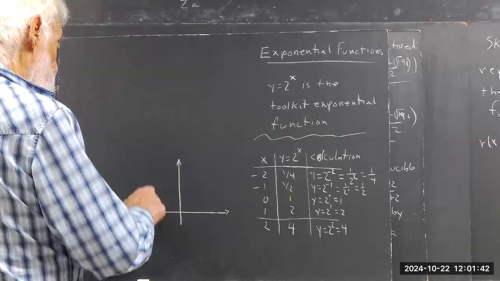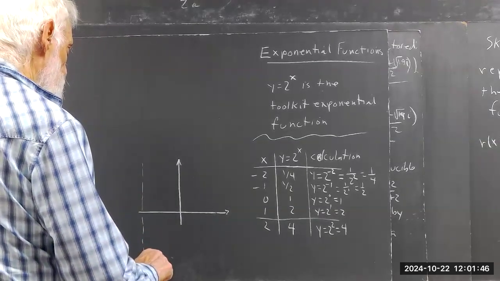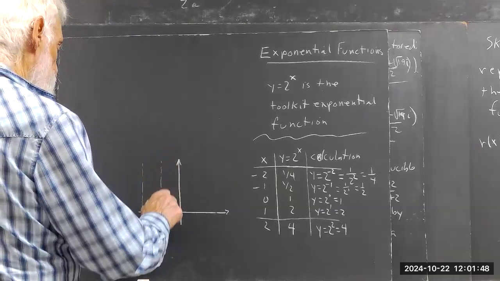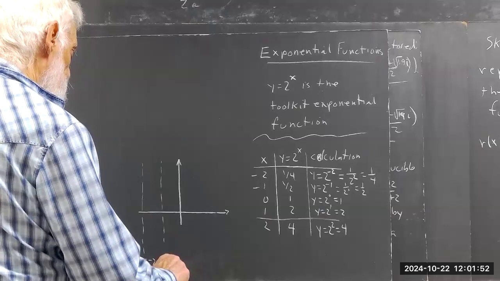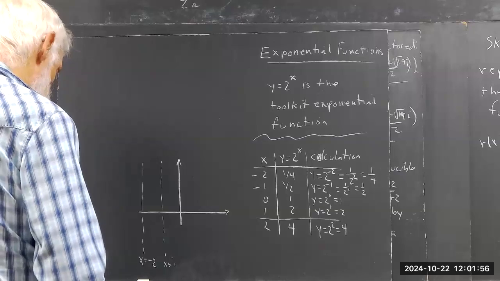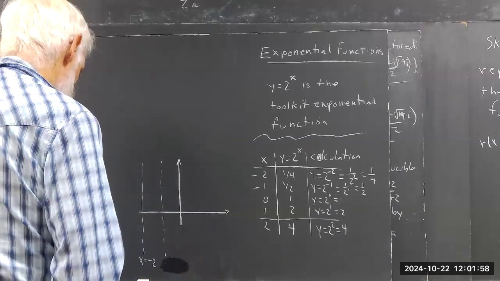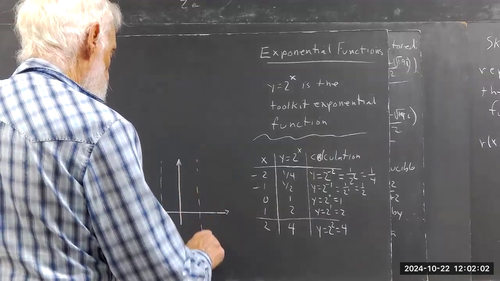So anyhow, I'm going to do this graph. I'm going to write the x equals -2 line here. The x equals -1 line here. And get the chalk to behave. I'll write it in a minute. The x equals 1 line over here.